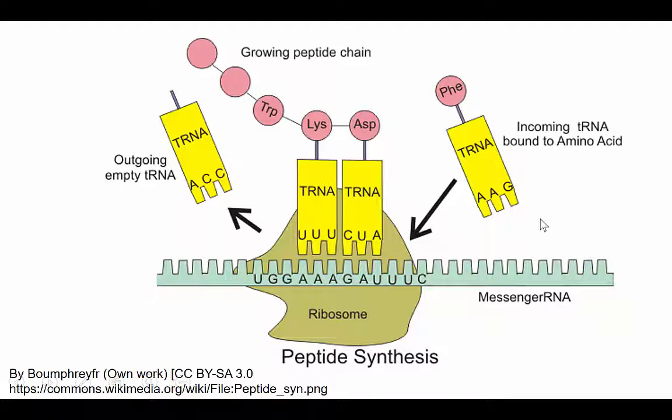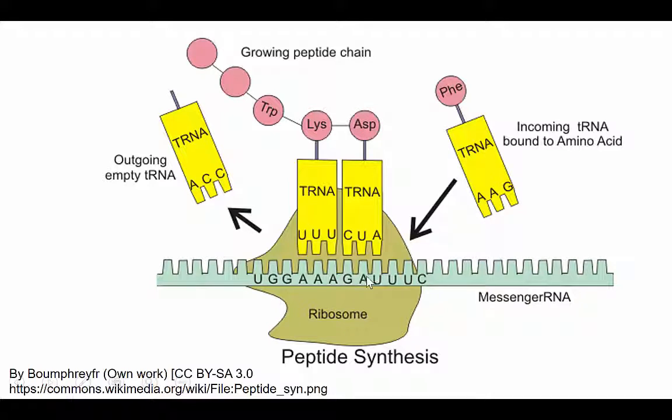By looking at this picture, can you figure out which one is 5', which one is 3', and which one is the N terminal and which is the C terminal? You can see here, this is the incoming amino acid, and this is the product. Can you guess which is the starting point and which is the ending point? Yes, this is the starting point, and then the amino acid is growing in this direction. So we can call this the N terminal and this the C terminal, and this is the 5' terminal and this is the 3' terminal.